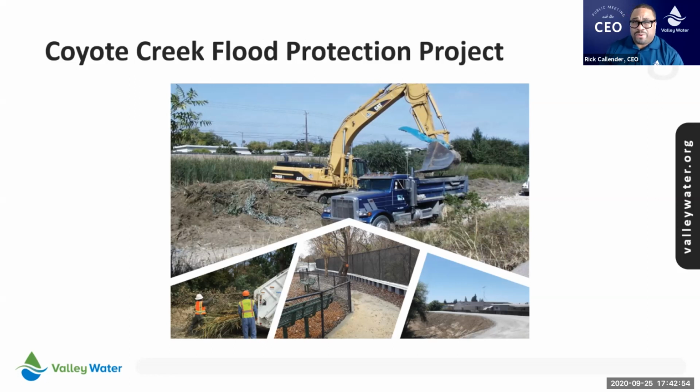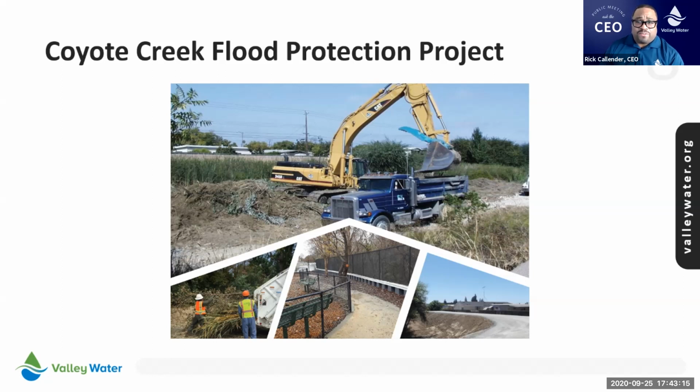Those people are my neighbors. Those people are my friends. It was really tough to see how the flooding had occurred. But the good news is that at the same time we're doing the Anderson project, we're also moving ahead on the Coyote Creek flood protection project, which will help to protect the community that flooded from future flooding, similar to the levels of what they experienced in 2017.